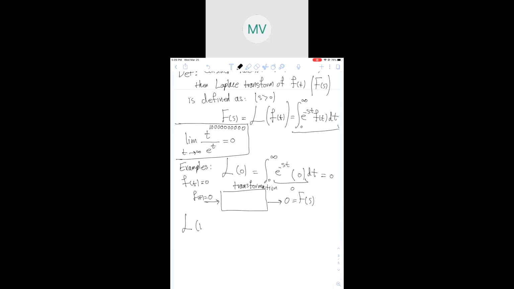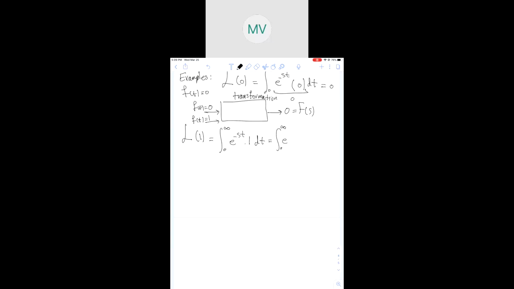So this time, let's find the Laplace of 1. So we're going to see what is the output when input is 1. Well, by the definition, it's the integral from 0 to infinity of e to the negative st times 1 dt. That's the integral from 0 to infinity of e to the negative st dt. What variable are we integrating with respect to?